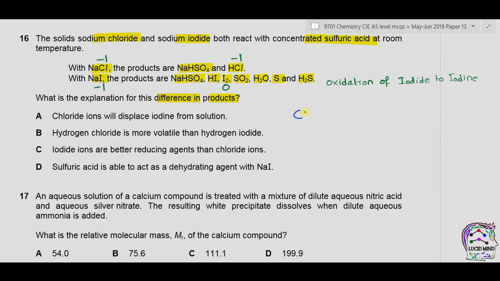You should remember that chloride ions are not oxidized by sulfuric acid, while iodide ions can be oxidized.